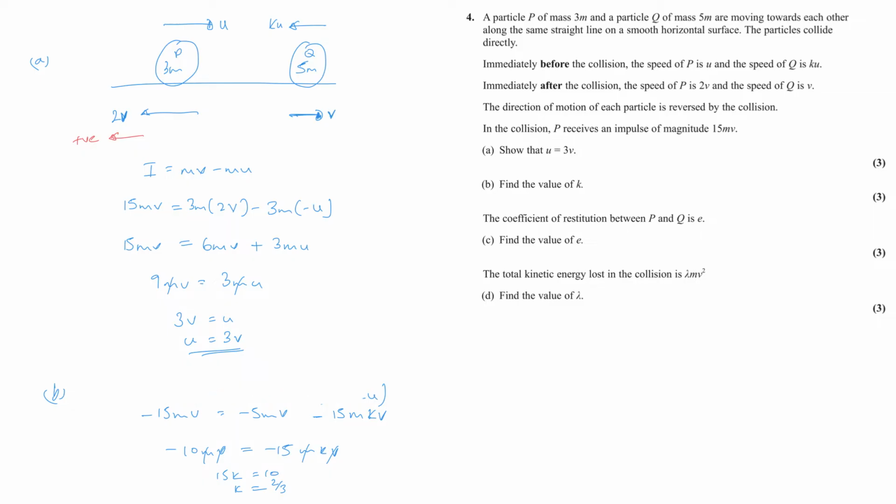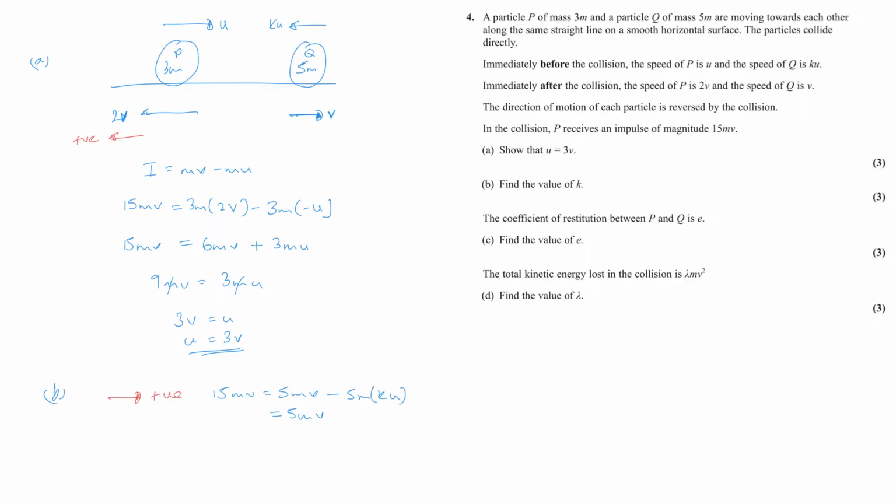So if I take the right as being positive, then I've got 15mv equals 5mv minus 5mku, and u would be negative there.